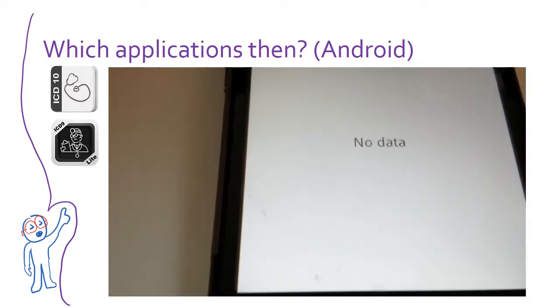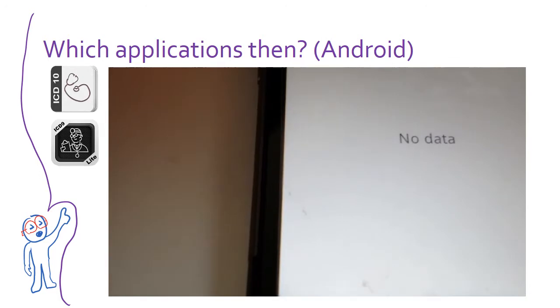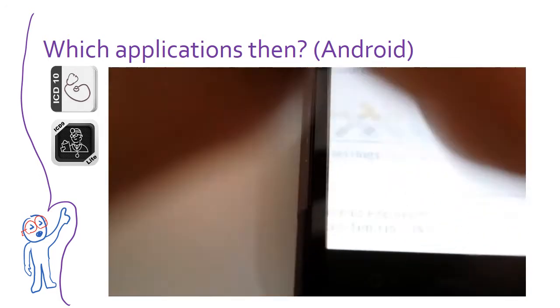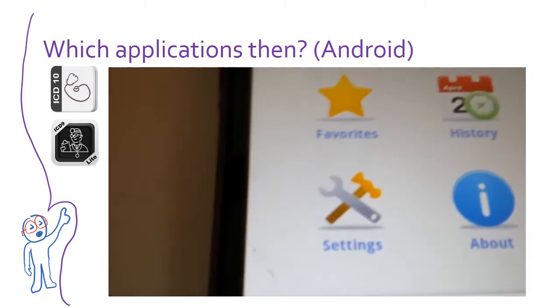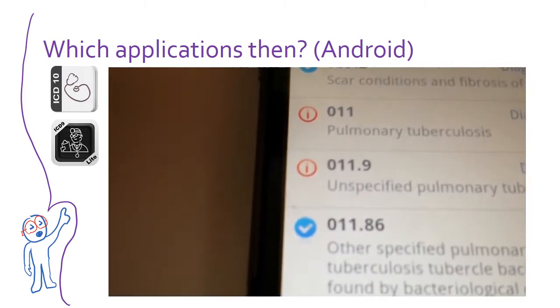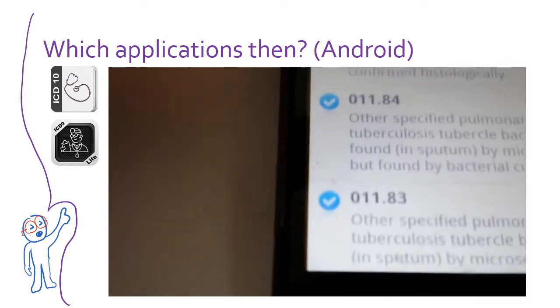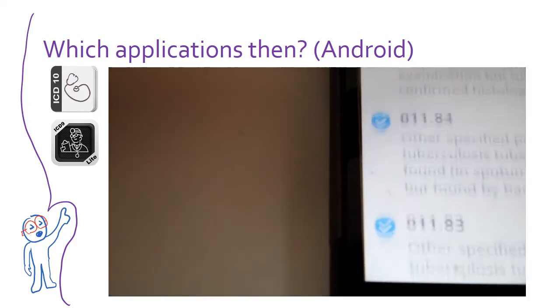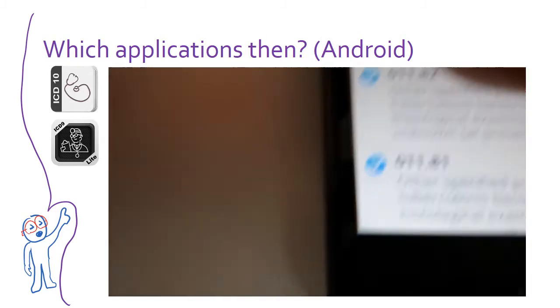It also has the list of favorite ICD codes that you can bookmark. And it also offers a historical record of your search, so you can again recall what diagnosis you have recently searched in this application.